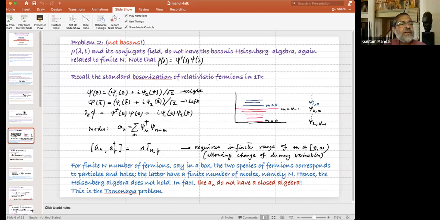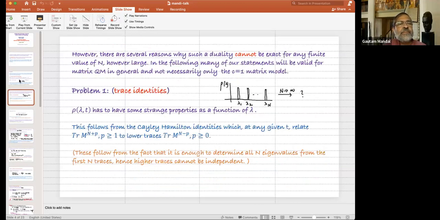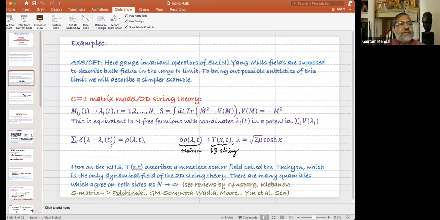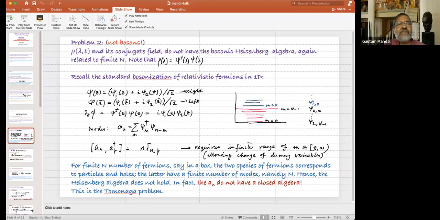Okay, let me explain. Rho of lambda, the way I have defined it, namely here, this is how I have defined it. But it's easy to show that this is the density of the eigenvalues, and the density of the eigenvalues is simply the density of fermions, because the eigenvalues are the fermions. So therefore, rho of lambda is simply the fermion density. Rho of lambda is psi dagger lambda psi lambda.